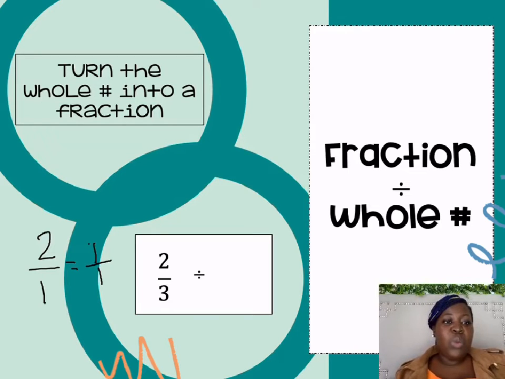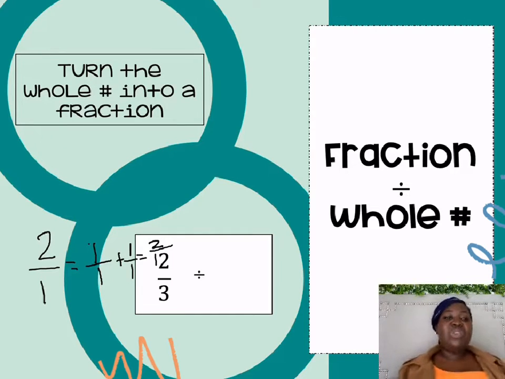We have 1 over 1. If you add another 1 over 1, what does that equal? 1 plus 1 is equal to 2, and your denominator stays the same. There you have it. 2 over 1 is the same thing as 1 over 1 plus 1 over 1.